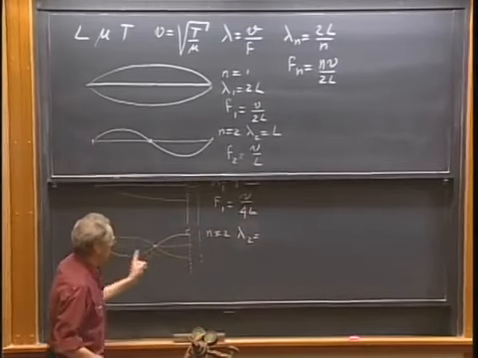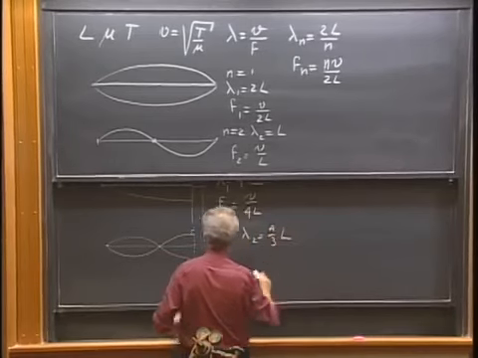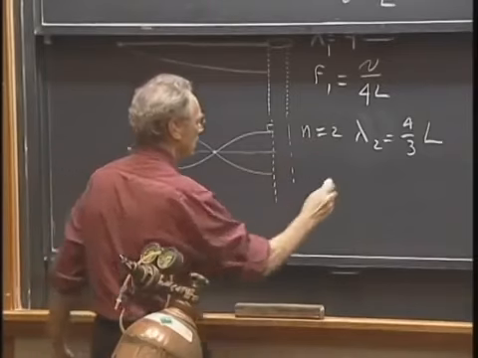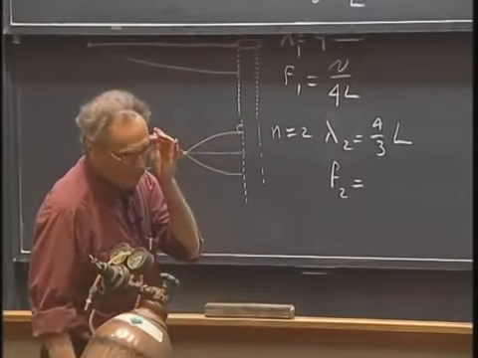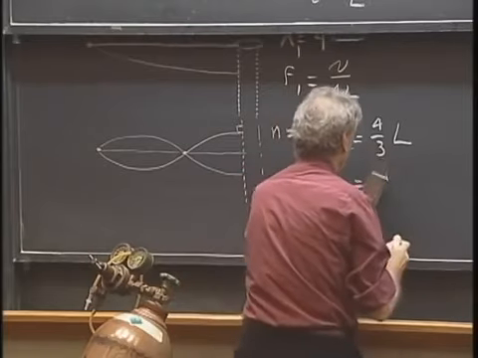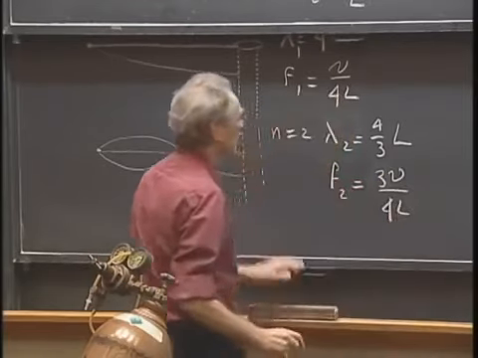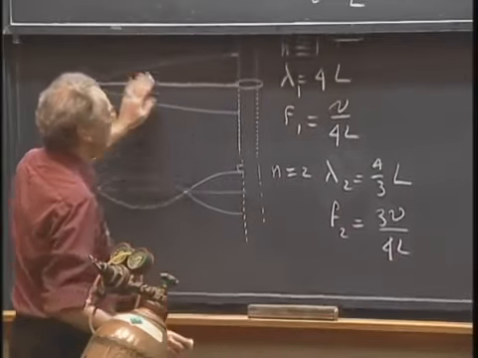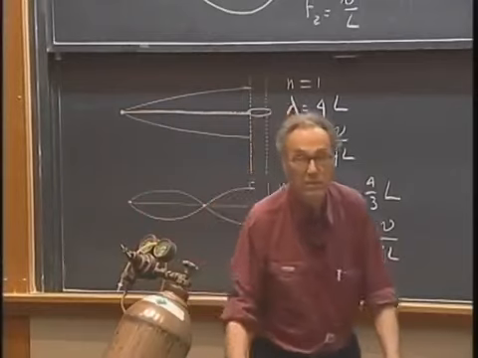Lambda 2 is 4/3 times L. Right? You need to make it longer. And therefore, F2 is now 3V divided by 4L. And so now we can write down the general recipe for the nth mode, n being Nancy.